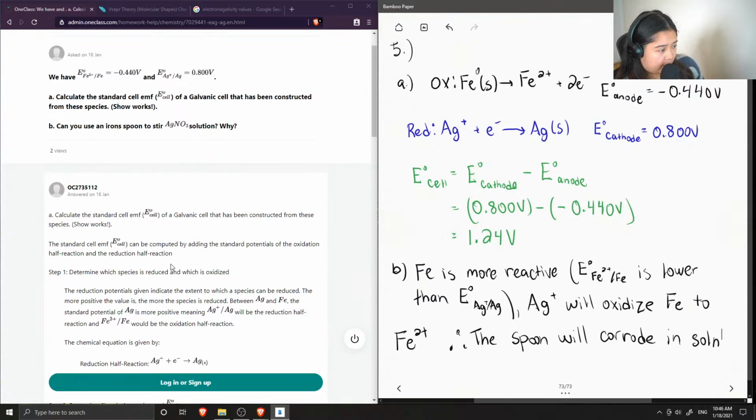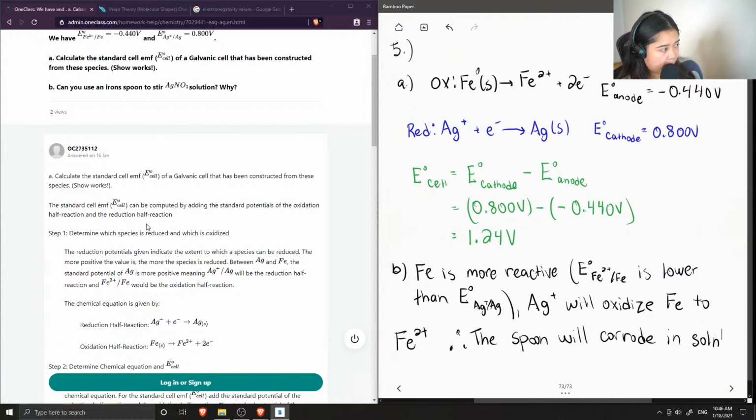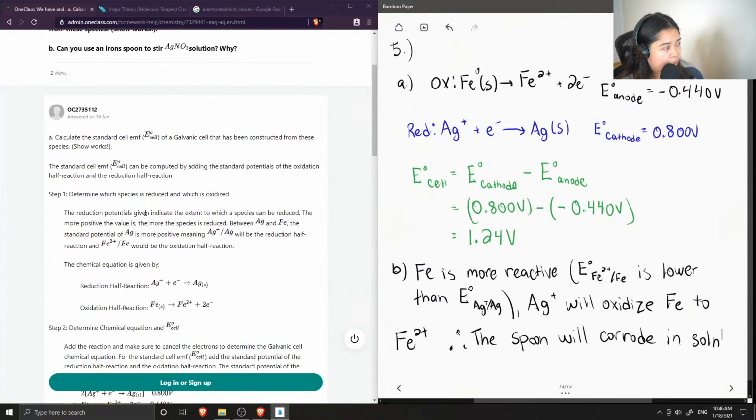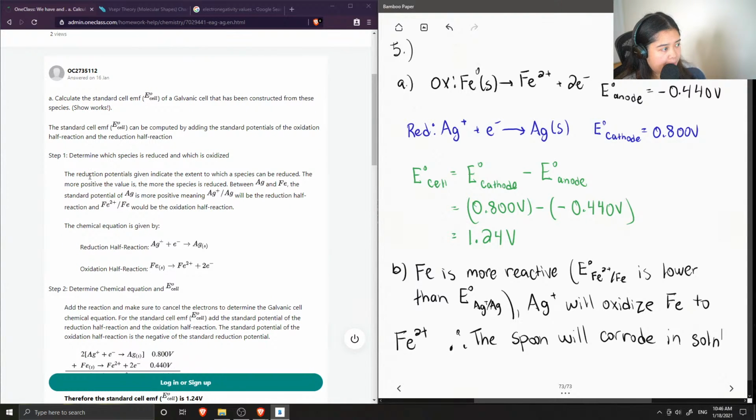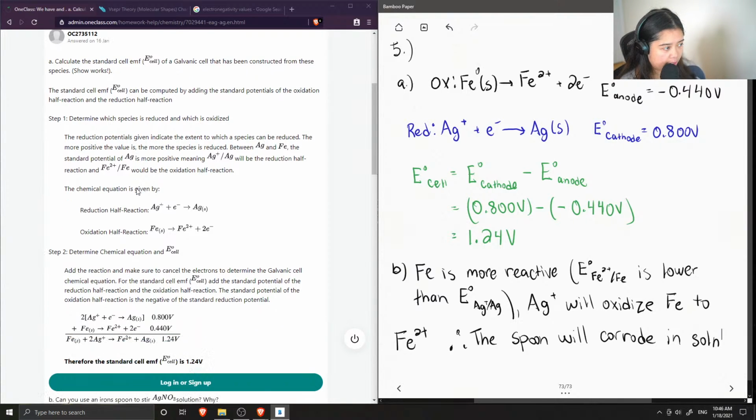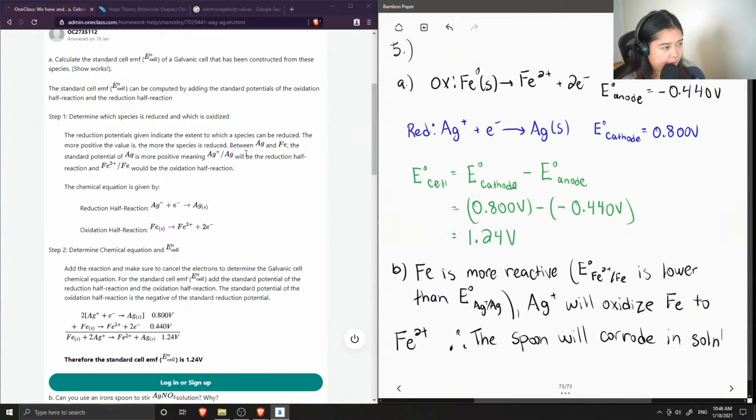So now let's see what the junior tutor said. Part A, The standard cell EMF can be computed by adding the standard potentials of the oxidation half reaction and the reduction half reaction. Step 1 is to determine which species is reduced and which is oxidized. The reduction potentials given indicate the extent to which a species can be reduced.